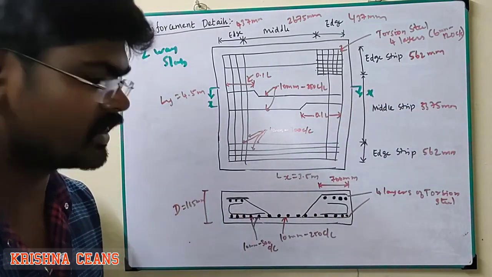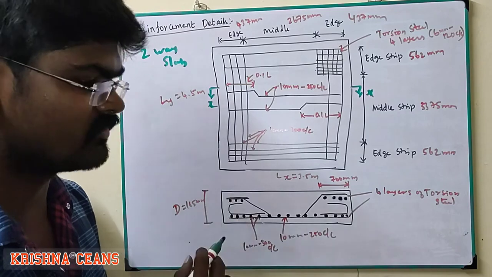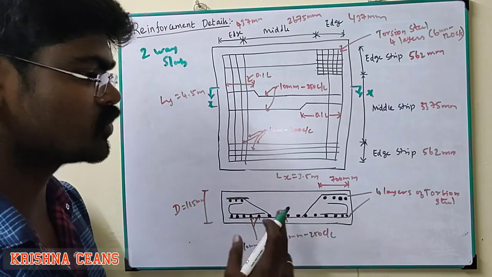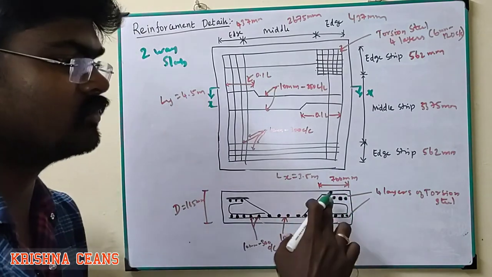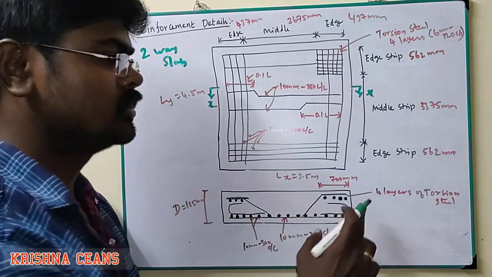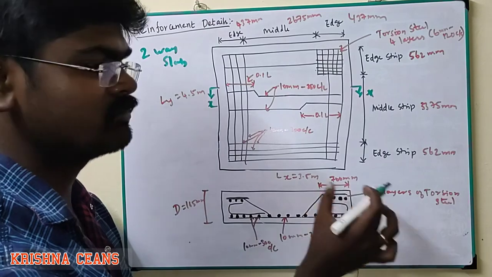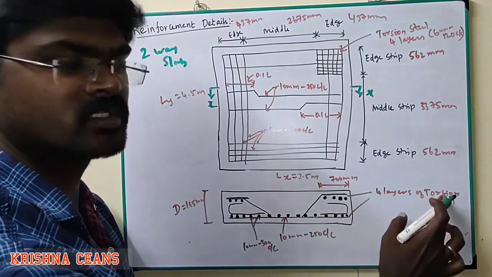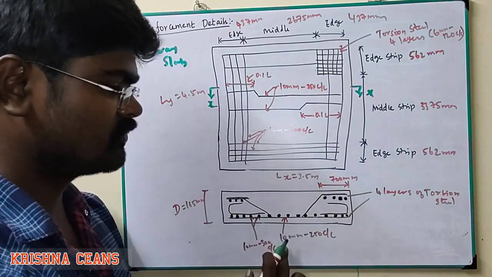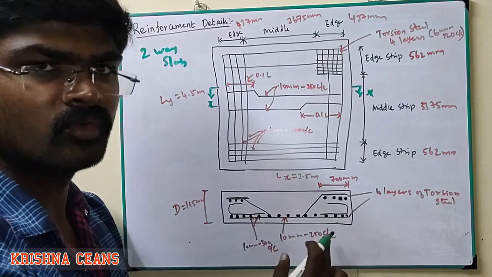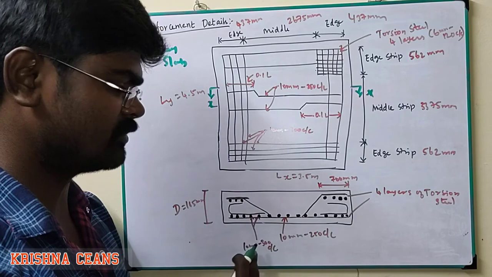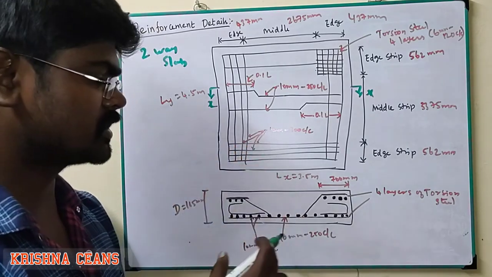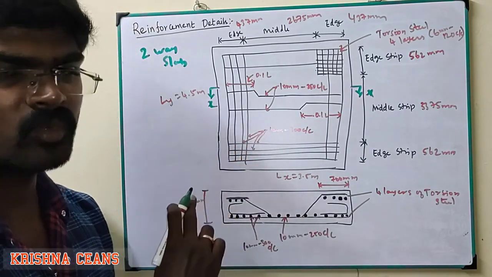When we see from the cut section, 4 layers of reinforcement are there: bottom reinforcement, then perpendicular reinforcement, then the mat, then the torsion reinforcement on top. The torsion reinforcement length is 700 mm, with 4 layers of torsion steel. The bottom reinforcement is 10 mm at 250 mm center to center spacing, and the perpendicular reinforcement is 10 mm dia bar at 300 mm spacing. The overall depth is 165 mm.